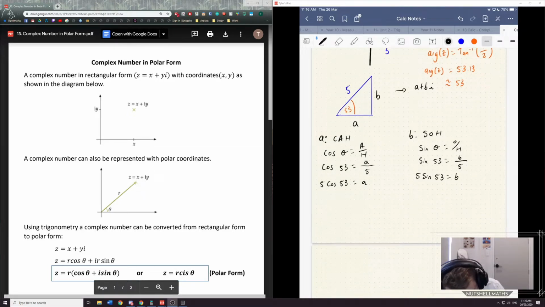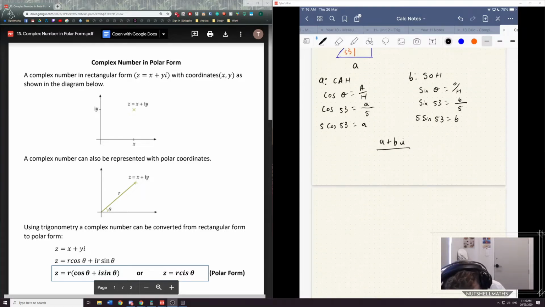Right. Now, we know that our complex number is in this form, A plus BI. So let's write A plus BI like this. But now I've got something for A and something for B. Let's have a look. I'm slowly running out of room on this. So A, we know, can be replaced with 5 cos 53.